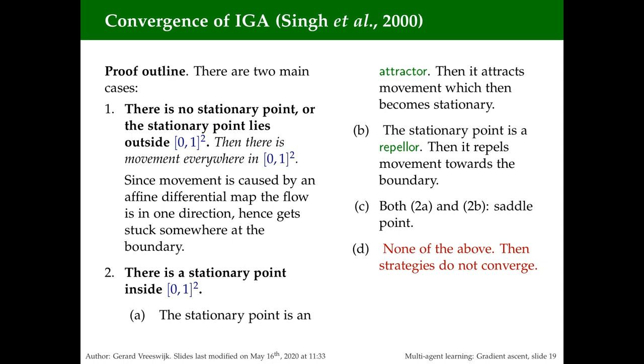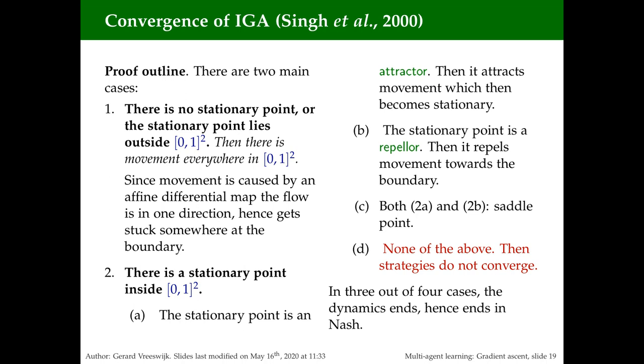However, these are not all the cases, because the stationary point is neither an attractor nor a repeller nor the combination of both, a saddle point. And then we have strategies that do not converge. This is the case with matching pennies, for example.